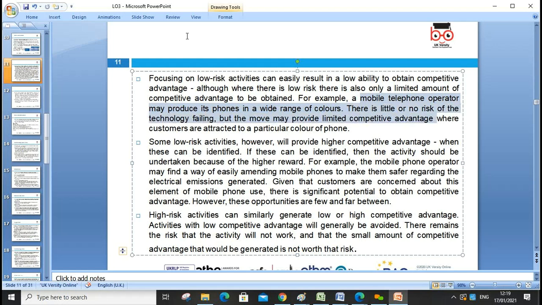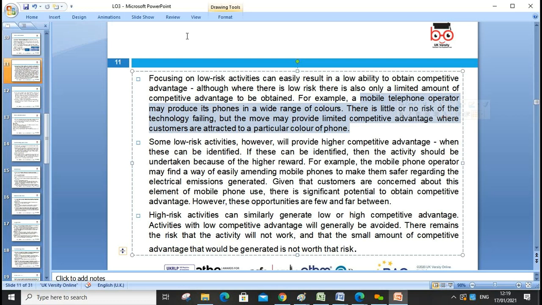There is little or no risk of technology failing, but the move can provide limited advantage where the customer is attracted to a particular color phone. But really, some pink color mobile phone covers, a lot of people like them, and the company charges a high price for it.